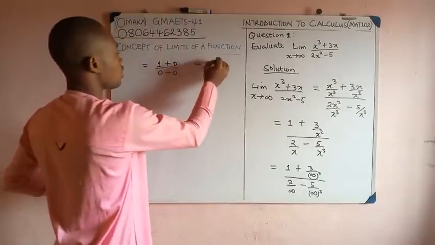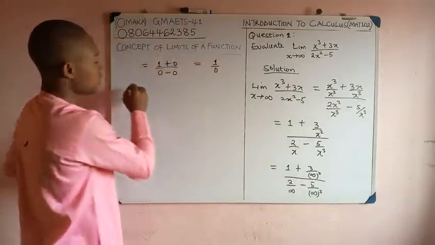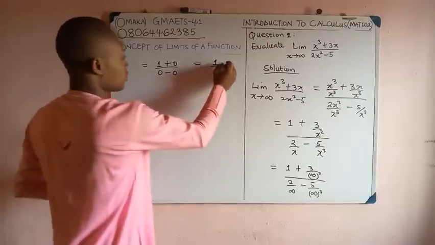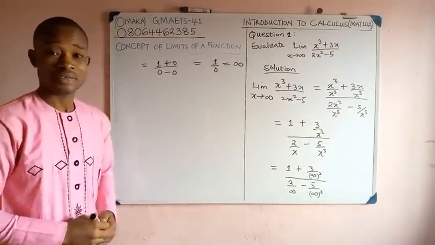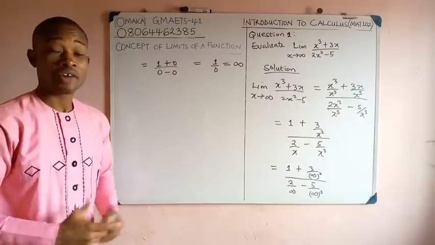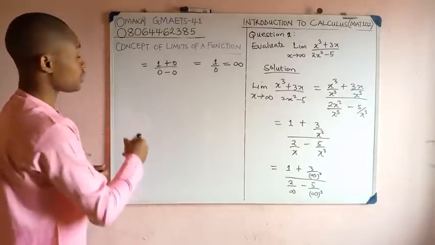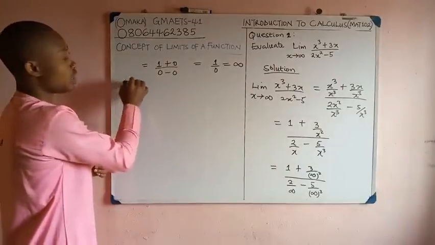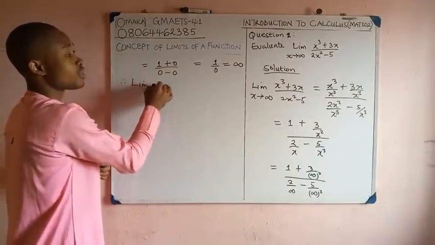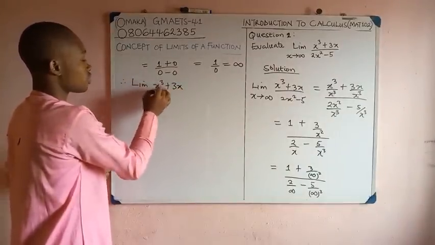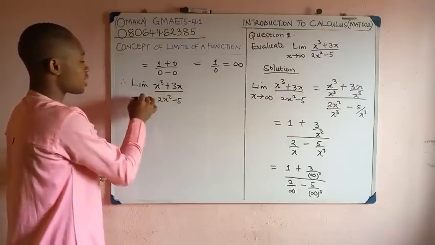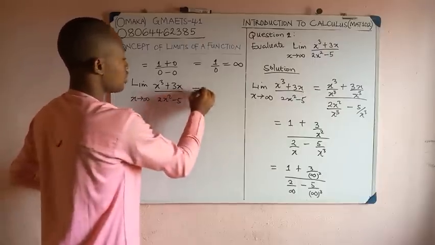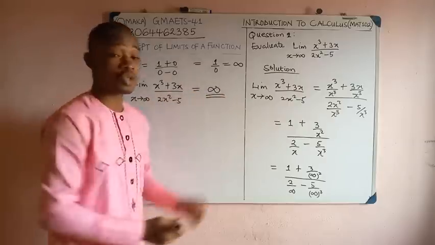And you know this will give us 1 over 0. 1 over 0 is what? 1 over 0 is infinity. Is that clear? That's the property of zeros and infinity. Take note of that, please. Therefore, the limit of x cubed plus 3x all over 2x squared minus 5 as x tends to infinity is equal to what? Infinity. So this is our result.